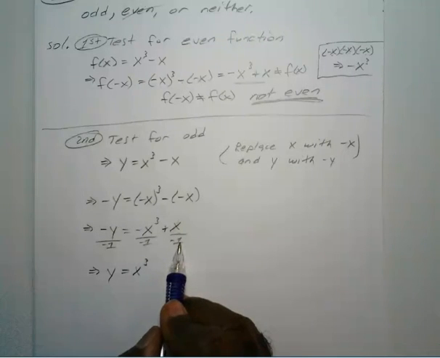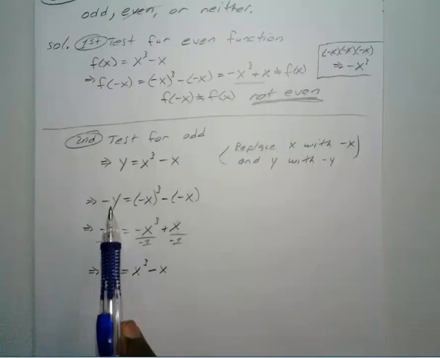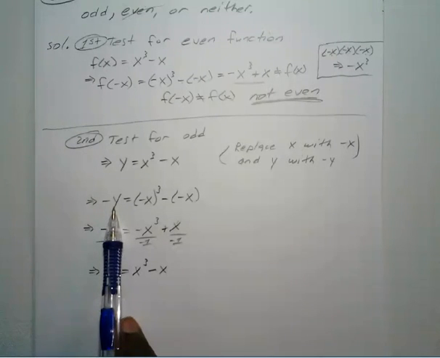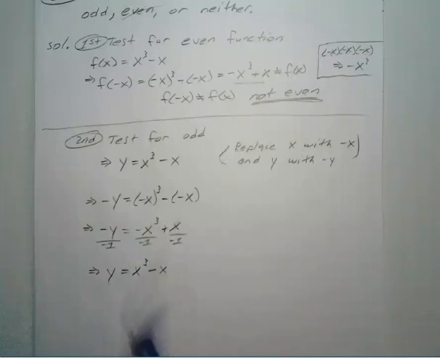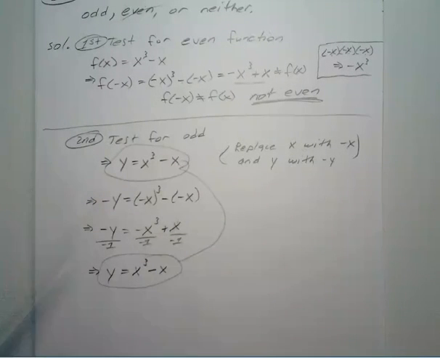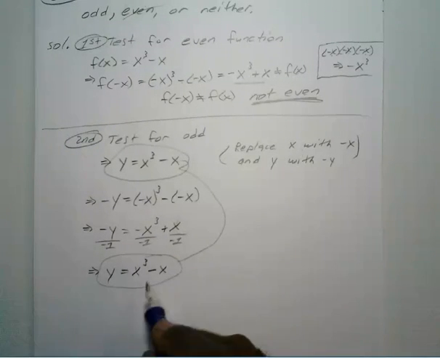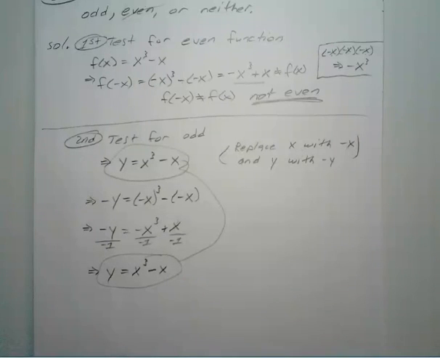Positive divided by negative is negative, so that's minus x. So after you replace y with negative y and x with negative x, you end up right back where you started. Since you end up right back where you started, you know this is an odd function.